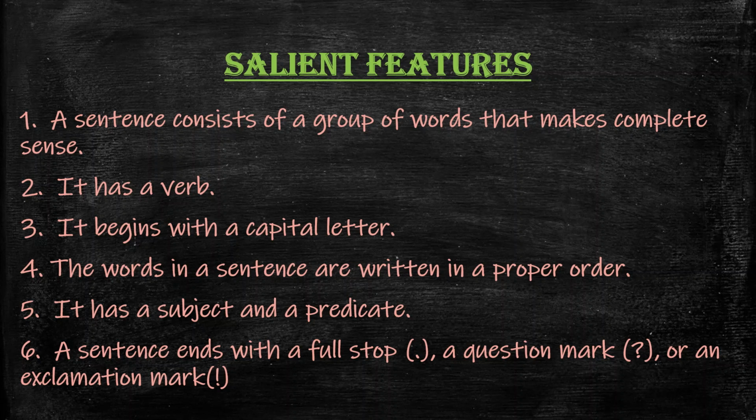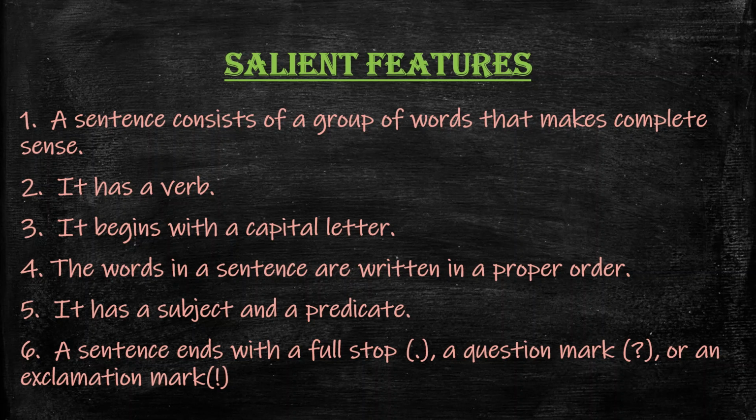A sentence is incomplete without a verb. Children, we have to notice that all sentences begin with a capital letter. Whenever you start a new sentence, you have to begin it with a capital letter.